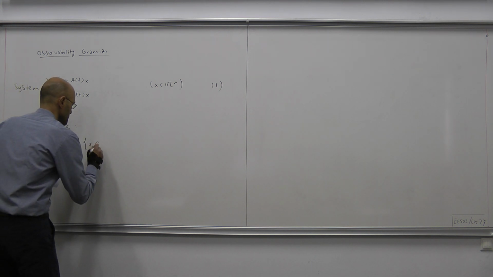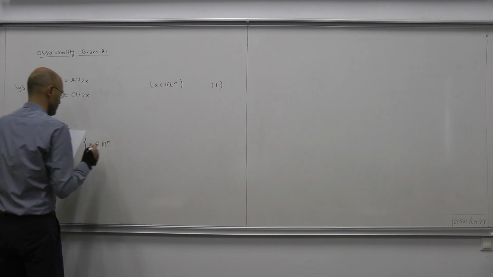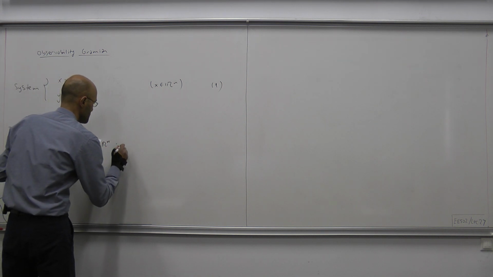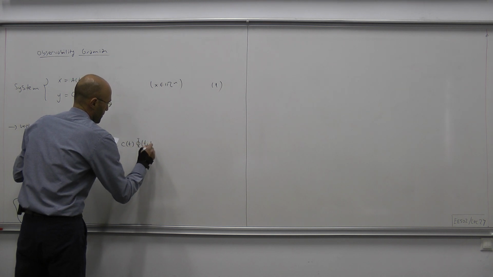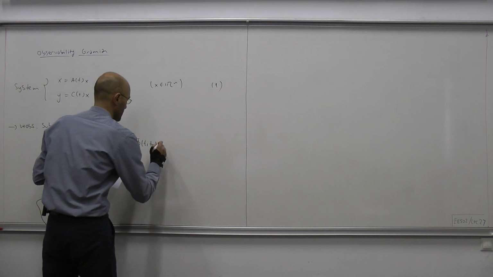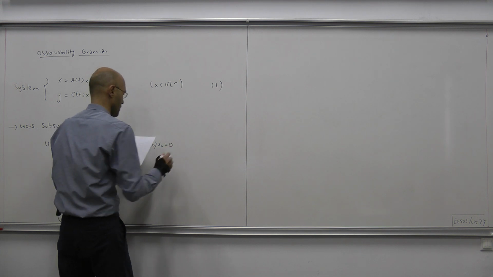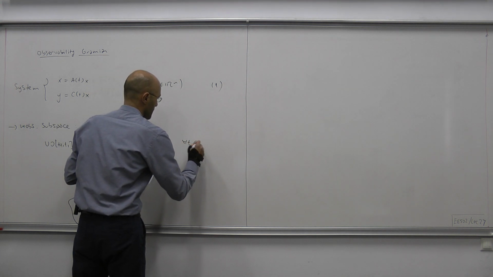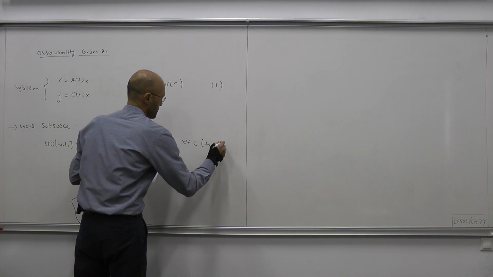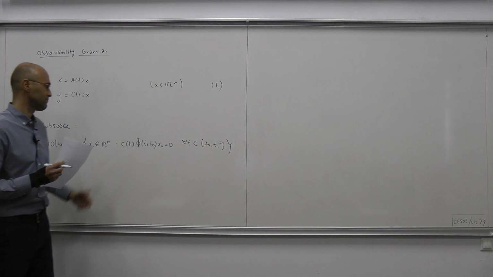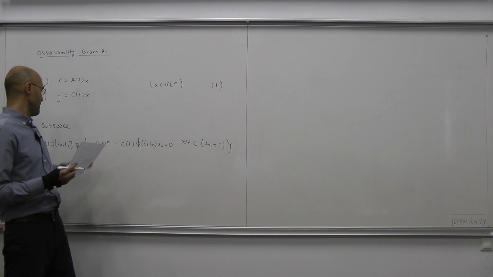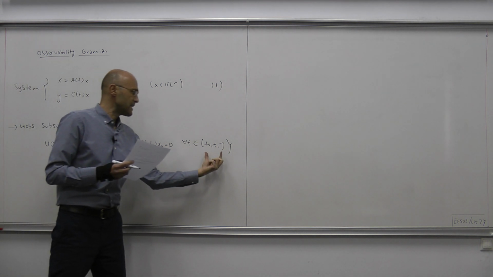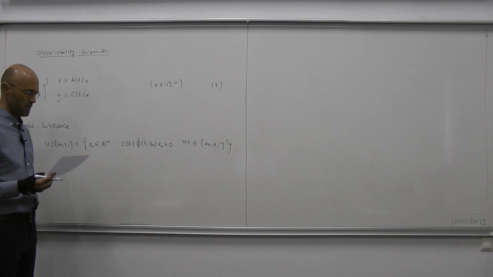It is the set of all initial conditions x0 that produce C times the state transition matrix times x0 equal to 0 for all times from t0 to t1. So this was the unobservable subspace for this system for the given interval t0 to t1.